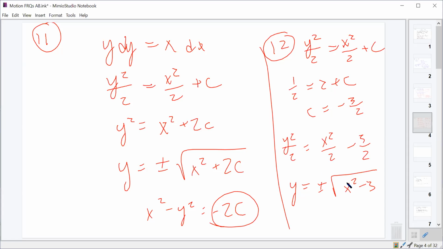And since we plugged in a negative x but got a positive y, we're going to choose the positive square root there because we need to get a positive 1 out, not a negative 1. So we're looking at y equals the square root of x squared minus 3.